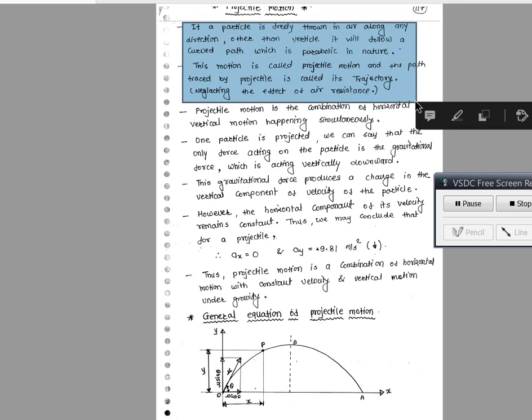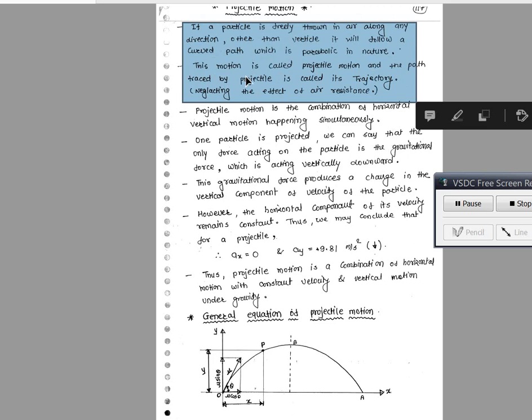If a particle is freely thrown in the air along any direction other than vertical, it means we don't have to throw that particular body in the vertical direction. If the body is thrown in any direction other than vertical, it will follow a curved path which is parabolic in nature, and this motion is called projectile motion.